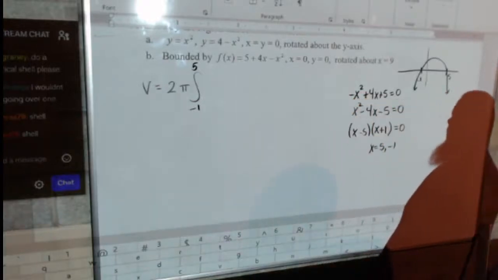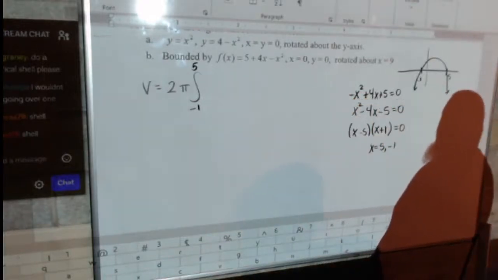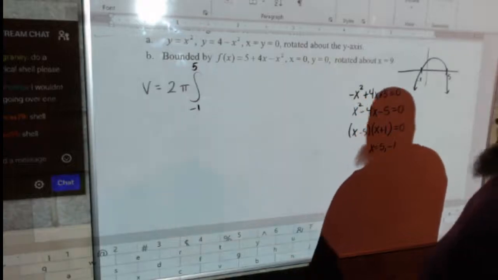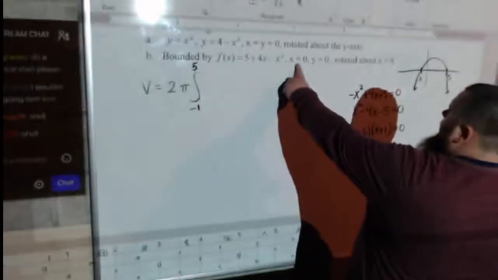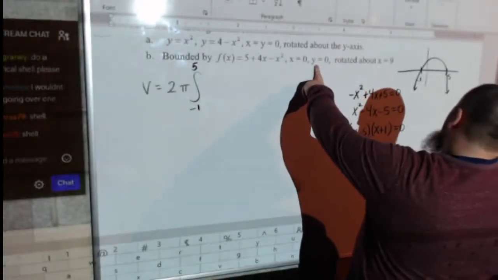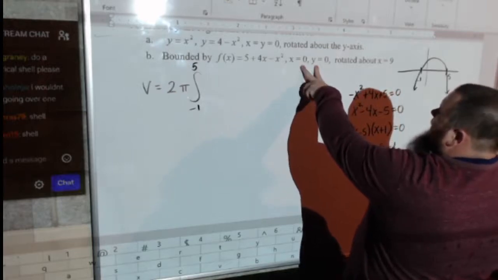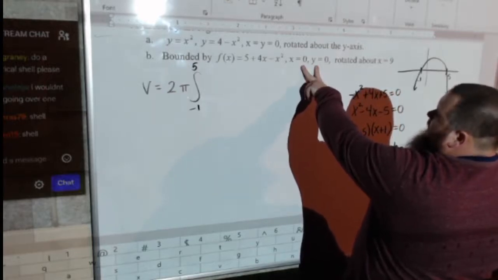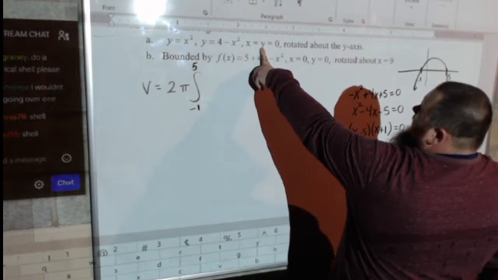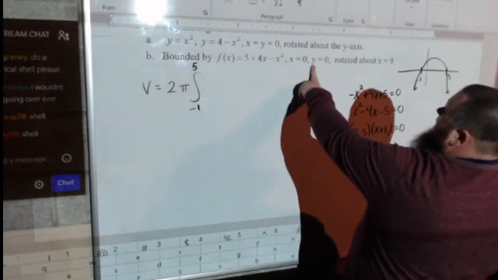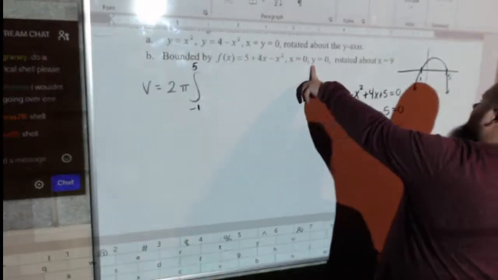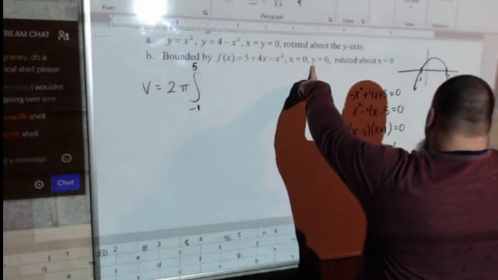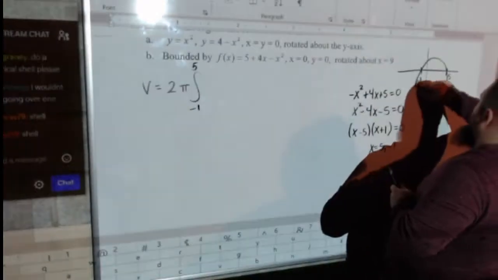Okay. Now notice it says also bounded by x equals 0 and y equals 0. So guess what? That's another way of saying bounded by the x-axis and the y-axis. So it actually turns out I don't even need this part.